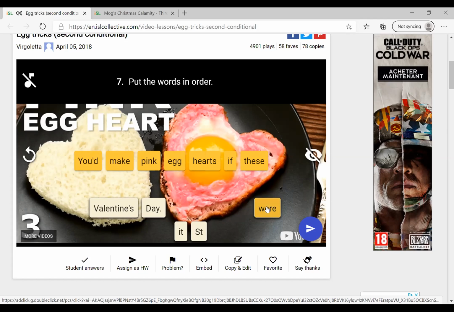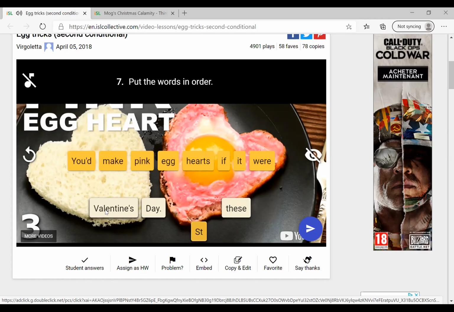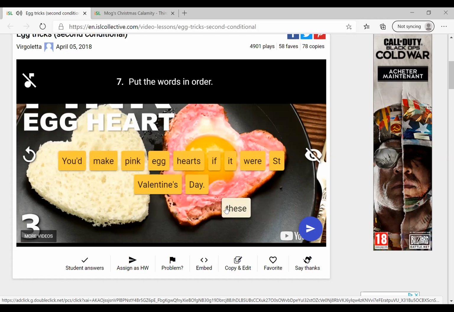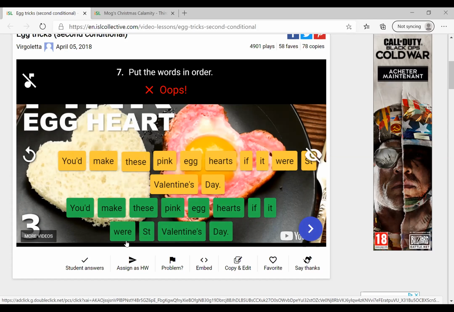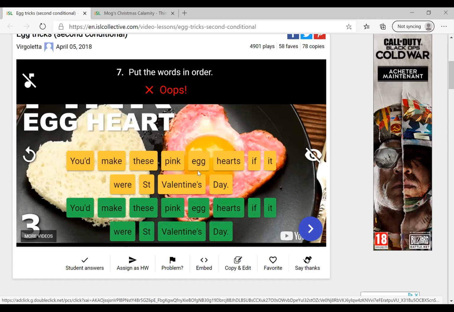If it were Saint Valentine's Day, you would make these pink eggs. Yes, you would make this pink egg heart if it were Saint Valentine's Day. Absolutely. Here you need to think.